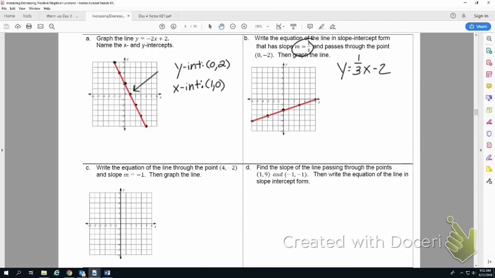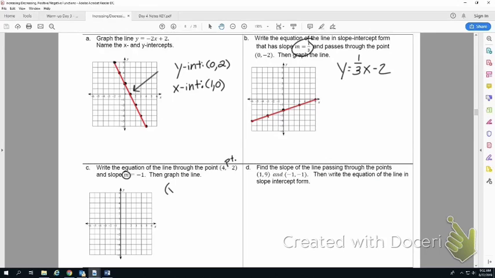Going down to C. Says write the equation that goes through that point and has a slope of negative 1. Then graph the line. So 4, negative 2, is that my y-intercept? No, so which formula do I need to use? I have a random point and I have my slope, so I would use point slope.